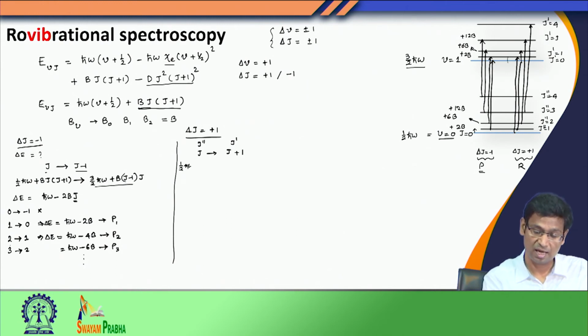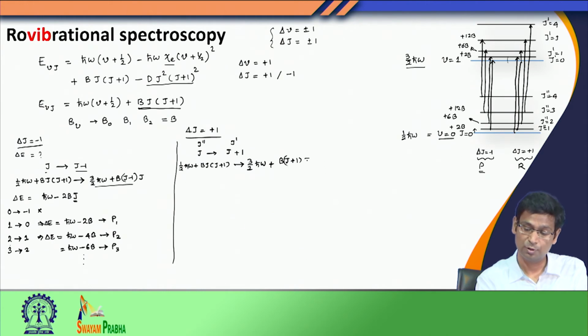The energy is half h bar omega plus b j into j plus 1 for the initial state, and the final state's energy will of course be 3 half h bar omega, because that is the upper vibrational level, plus b j plus 1 into j plus 2. Again, because the energy expression is b j into j plus 1, but our rotational level is j plus 1. So this is the energy.